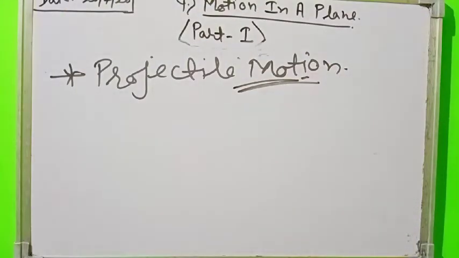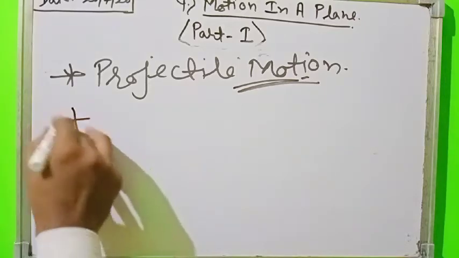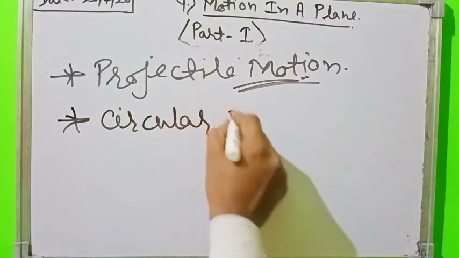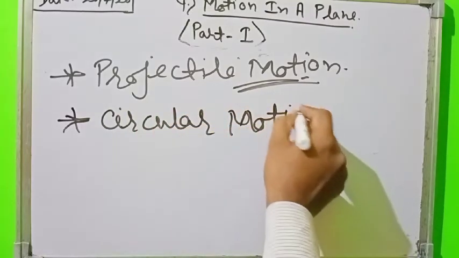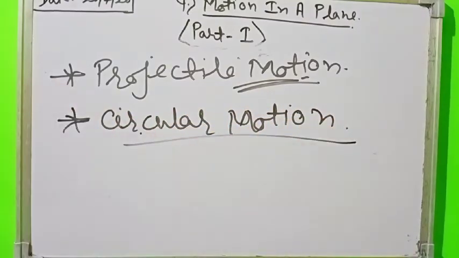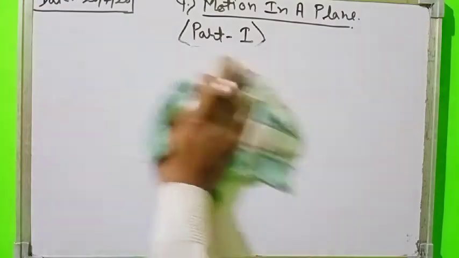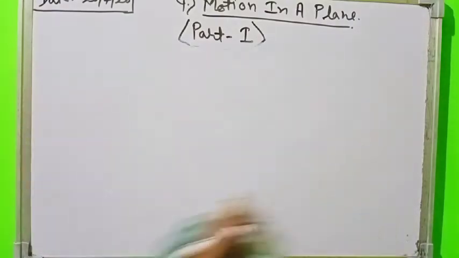The first topic is vectors, the second topic is projectile motion, then we will study circular motion. So this is the brief description of this chapter, and we will discuss each and every topic one by one. I think 10 to 12 lectures are required to complete this chapter, motion in a plane.